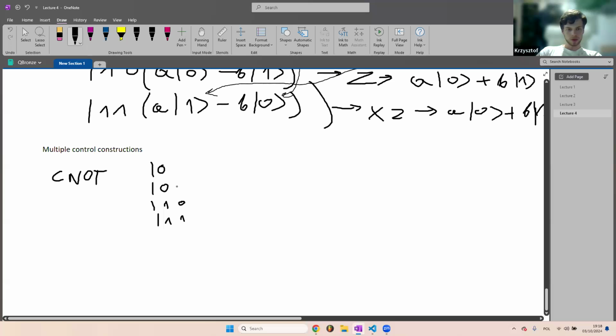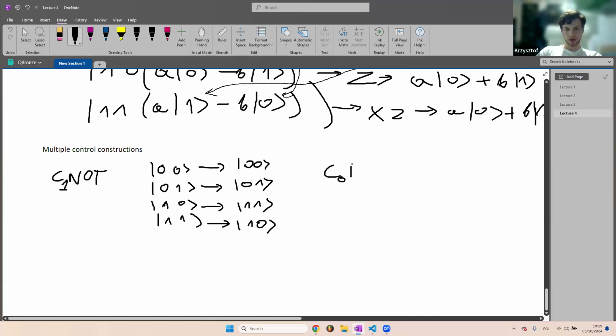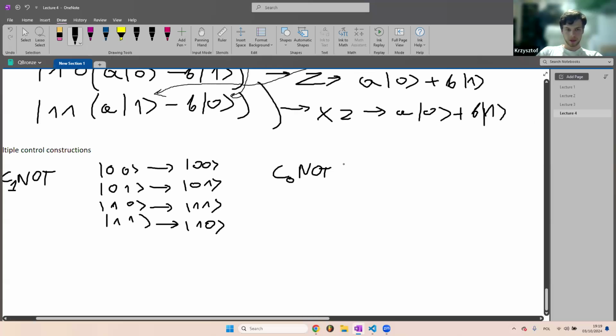But now we want to create a gate that will be affected when the first bit is 0. We can also call it C1 naught, because this has effect only when the first bit is 1. So as we said earlier, this is 0, 1, this is 1, 1, and this is 1, 0. So now we want to construct a C0 gate that will be activated only when the first bit is 0.